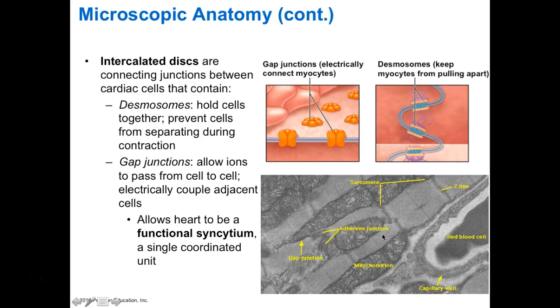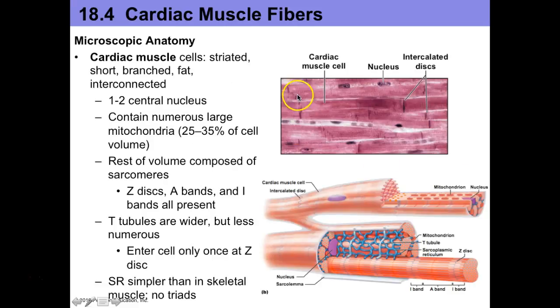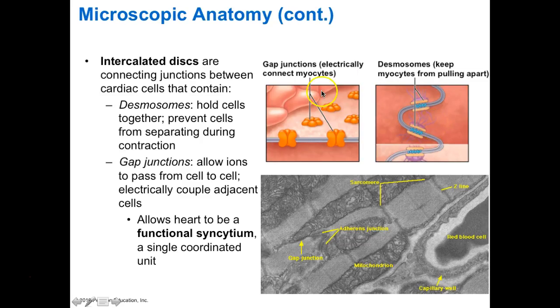Now, the other thing that separates cardiac muscle from our other two types of muscle is the intercalated discs. I'm just going to go back to show you the intercalated discs here on this histology slide. What those are, they're junctions between our cardiac cells, and within them we have our gap junctions, which you see pictured here, as well as desmosomes.